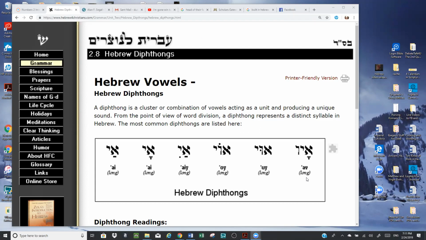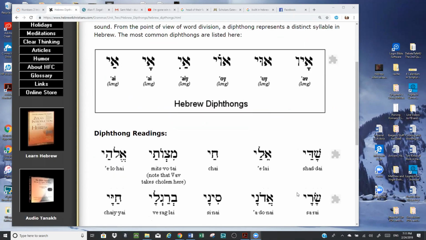And then the last two diphthongs there, you have a consonant and then a kamatz and a yod, and then you have a consonant, patach and a yod, and both of those diphthongs are pronounced as I. You got Shaddai, right?